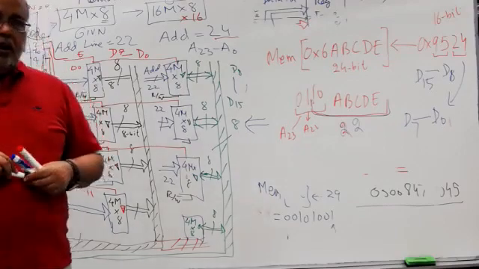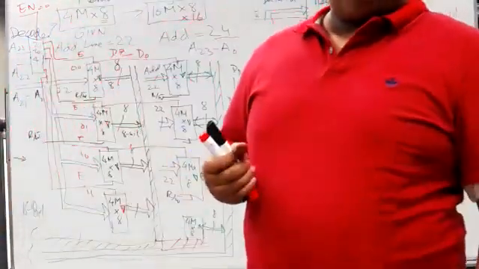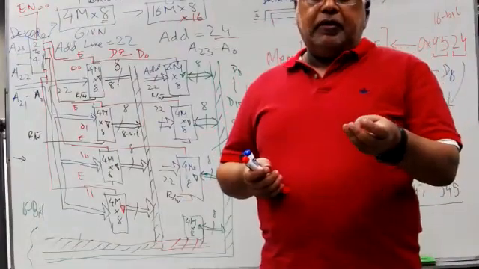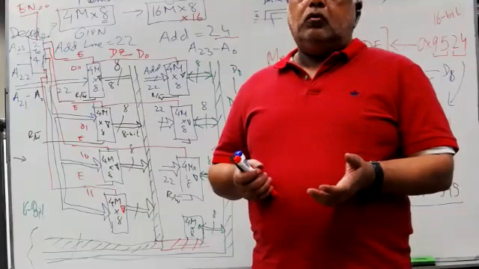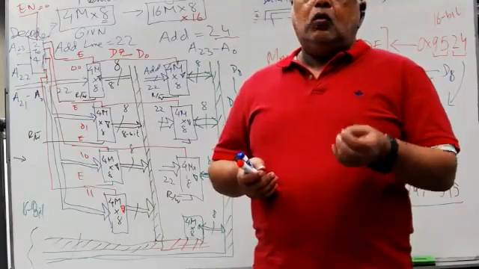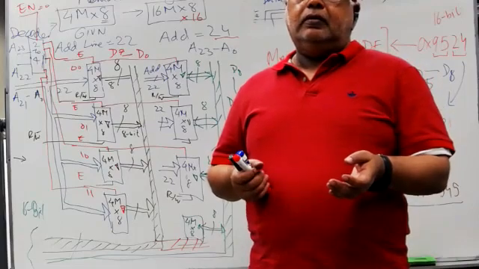These are the three things the processor needs to communicate with the memory. Address bus: where to store. Data bus: what to store. Read/write: when to store. What, where, when.